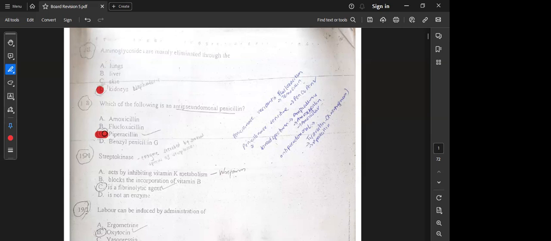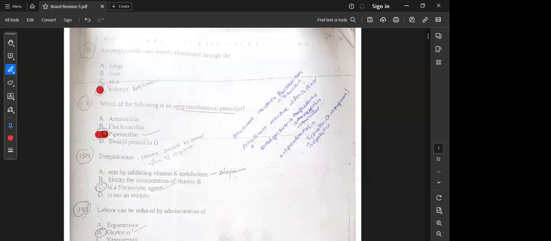Perfect. Any other drugs in this class as streptokinase, the fibrinolytics?